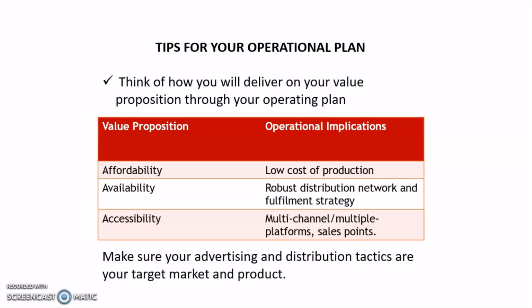So you want to make sure that your channel of distribution is accessible to your target market, the people you intend to reach. For instance, if your product is targeting old people, you may be on social media because maybe old people have their children on social media. But if it is something that only old people will directly consume, you may want to find channels that reach old people.